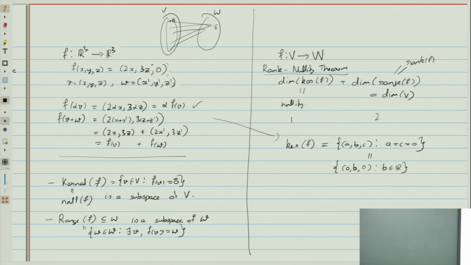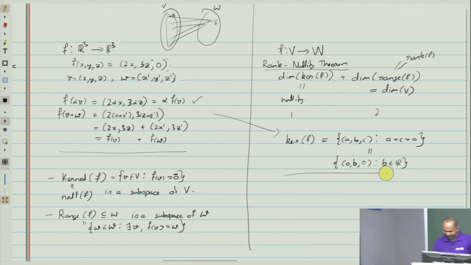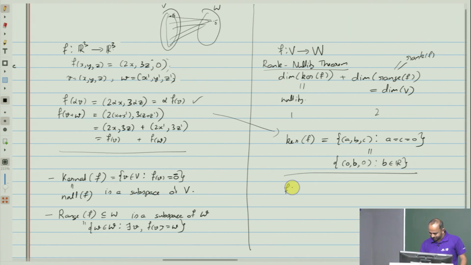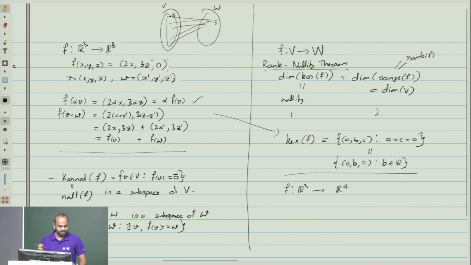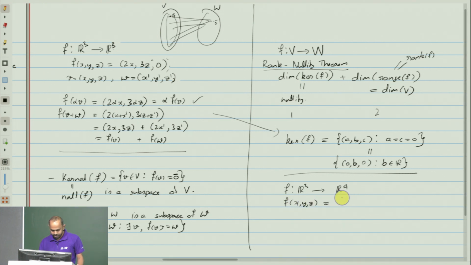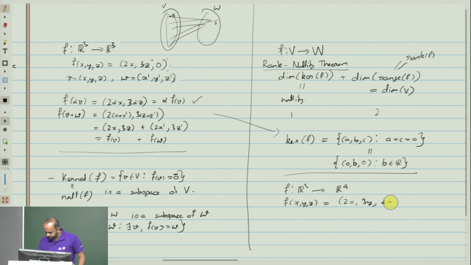You should write down that function and see. Let me just write this down. Let's write down a function from R^3 to R^4, let's say. The function is defined as f of (x, y, z) equal to, let's say, (2x, 3y, 4z, x plus y).